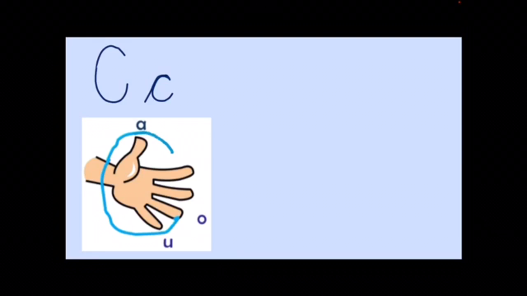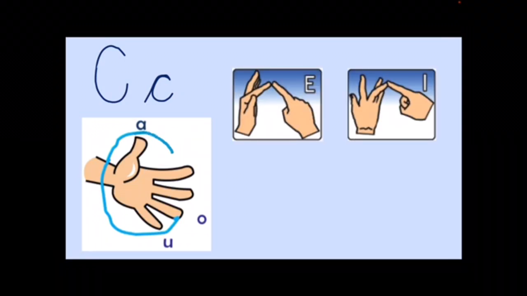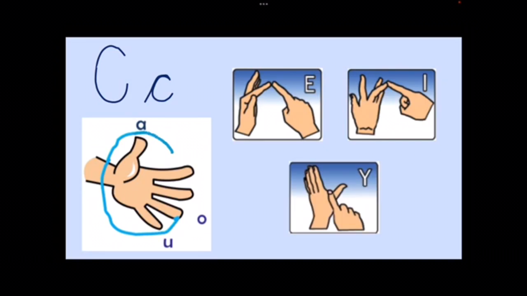Capital C to go round A, U, and O for the sound K. And to know to say the sound S, we could finger spell E, I, and Y as our reminder.